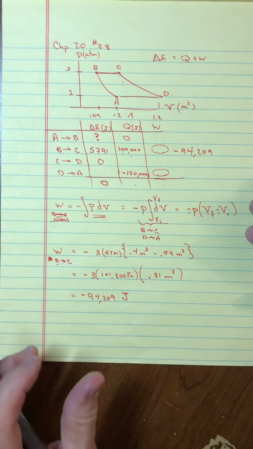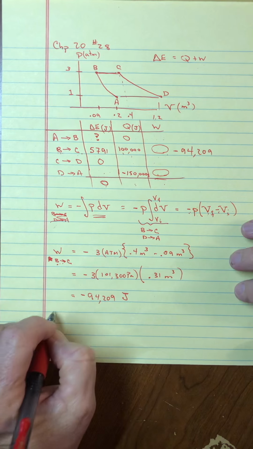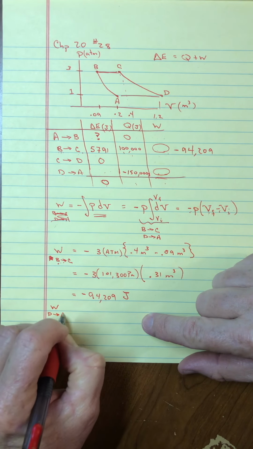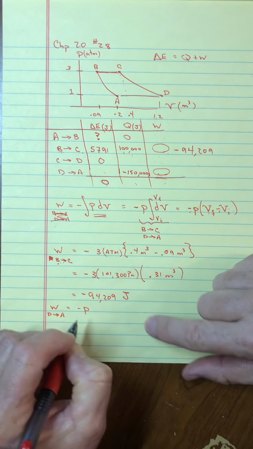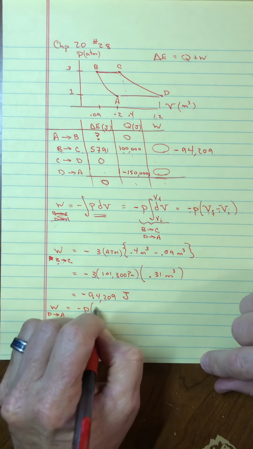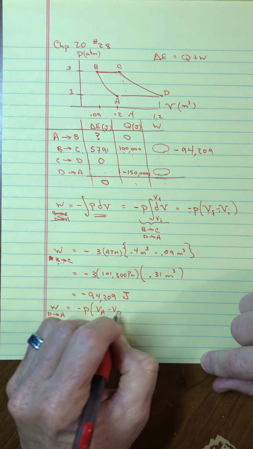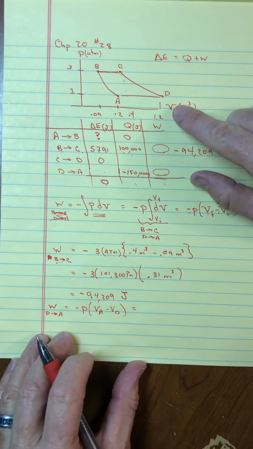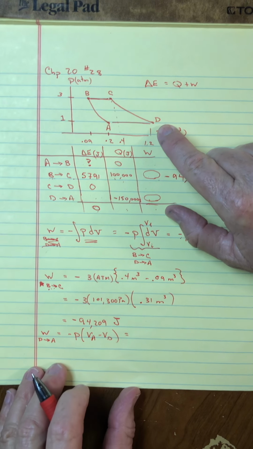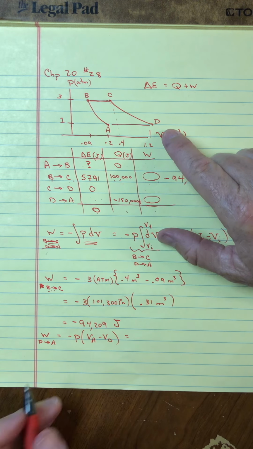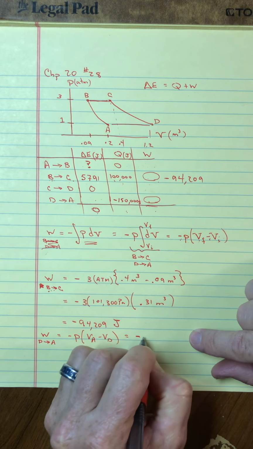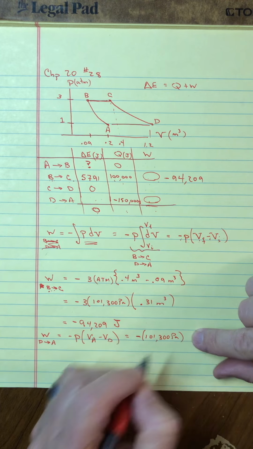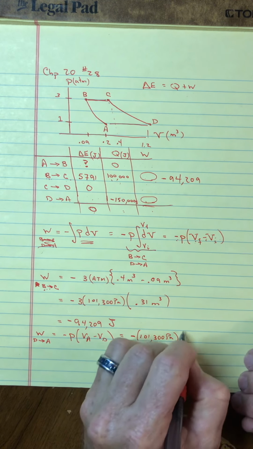Okay, now that being said, let's also do the same thing in this D to A process. And that would be minus P times the volume at A minus the volume at D. All right, so the D to A process, here's the D and going over to A, looks like we have 1 atmospheric pressure, which I'm going to go ahead and right away change to pascals.